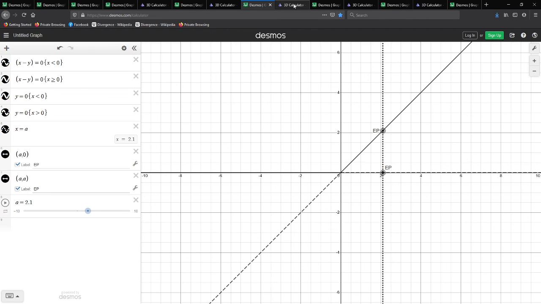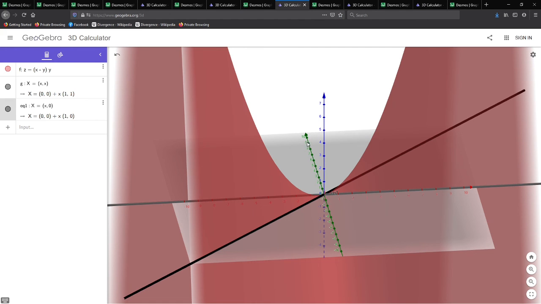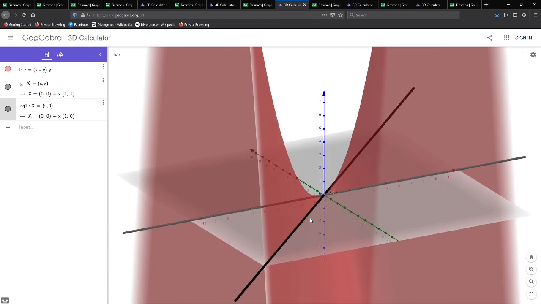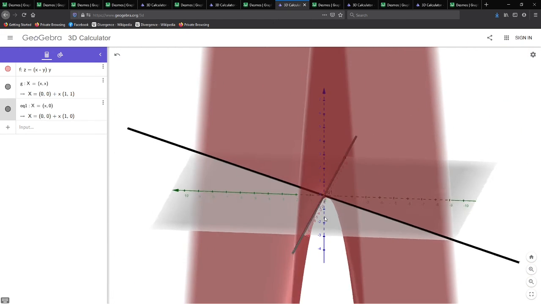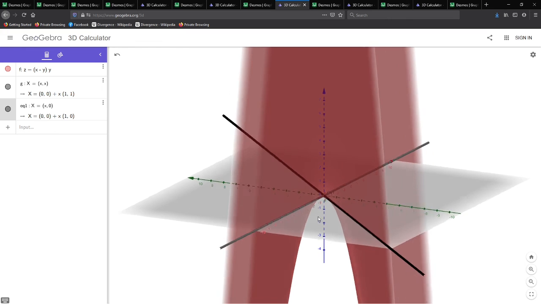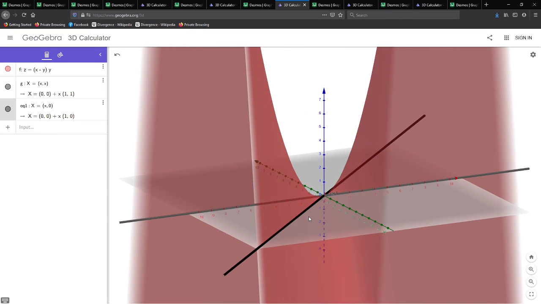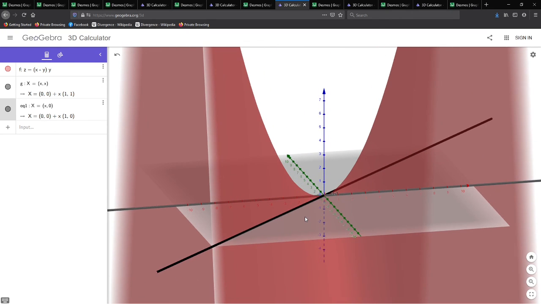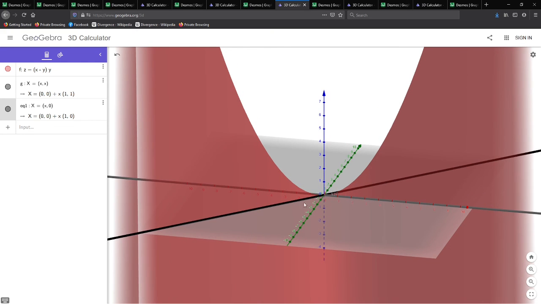This is perhaps best seen when we open up a 3D plot and you see exactly the plot of the function z equals lambda minus y times y, where again this is the lambda axis right here and this is the y-axis right here.